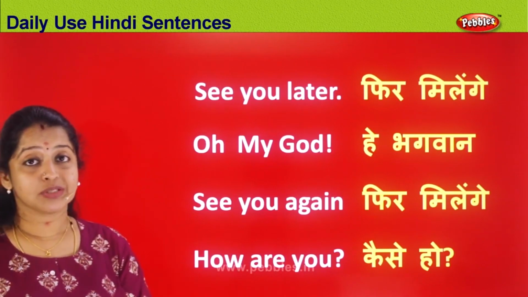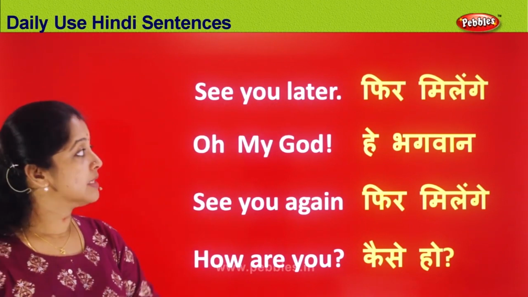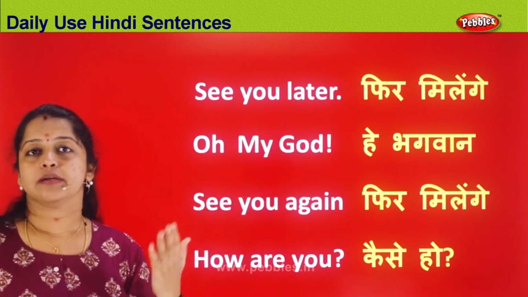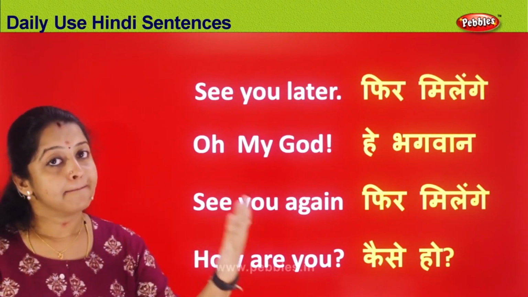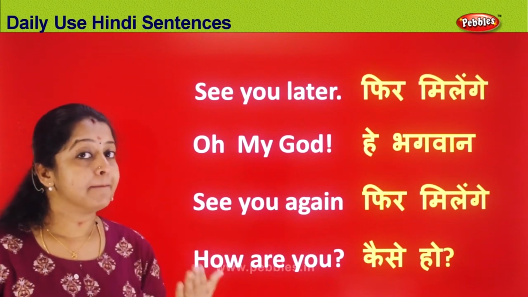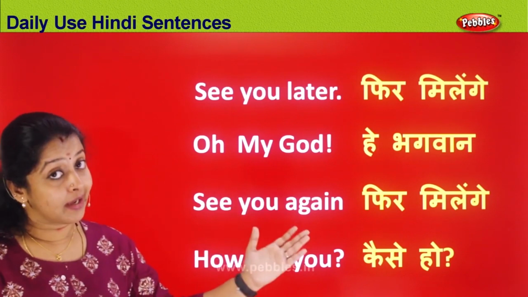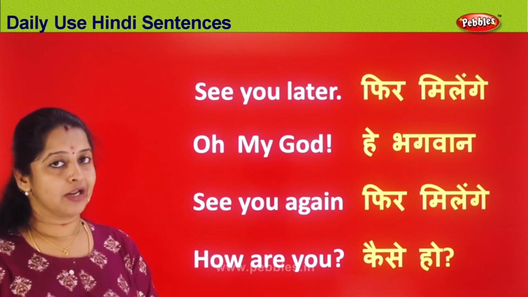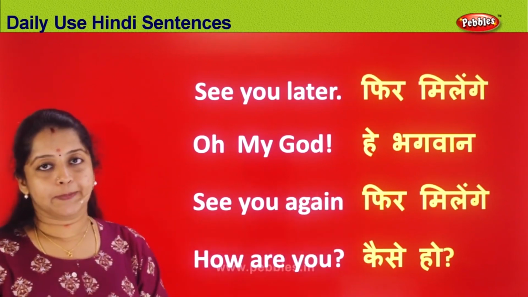So when I have to say see you later, I will be saying as fir milenge. I have to say see you later mom, I can say as fir milenge ma, fir milenge mataji. Alright, when I have to say see you again, for that also we are going to use the same dialogue or the same conversation, fir milenge.